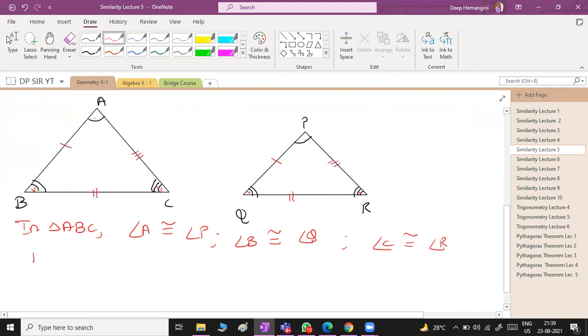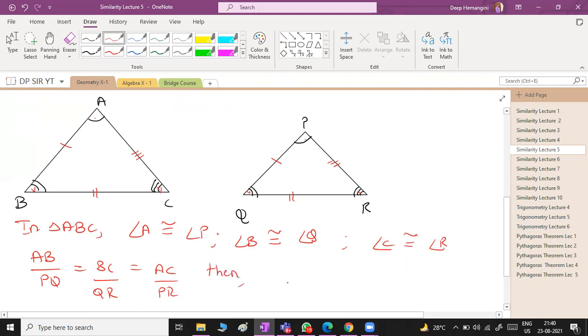So here AB upon PQ is equal to BC upon QR is equal to AC upon PR.